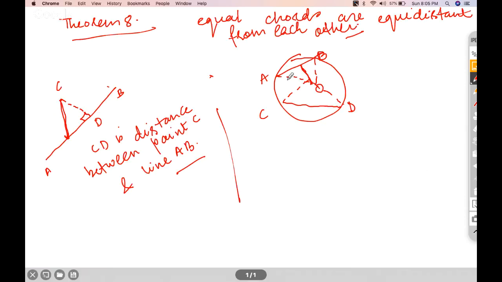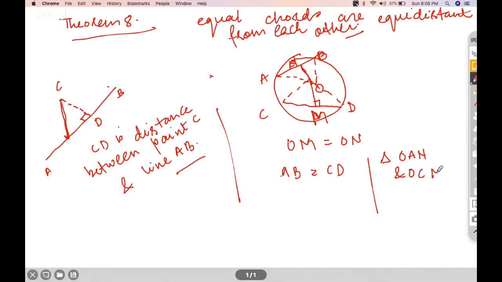So what I have to prove is this: I draw perpendiculars here, suppose this is M and this is N. So I have to prove that OM is equal to ON. I have been given AB is equal to CD. So I take these two triangles, triangle OAN and triangle OCM.